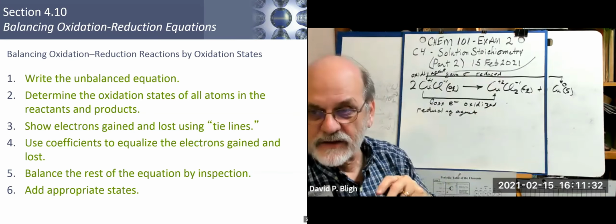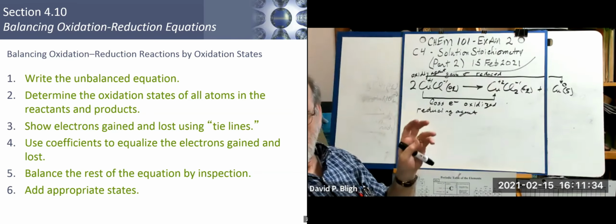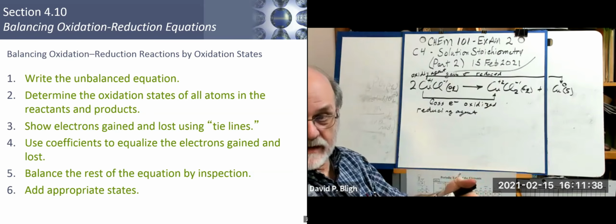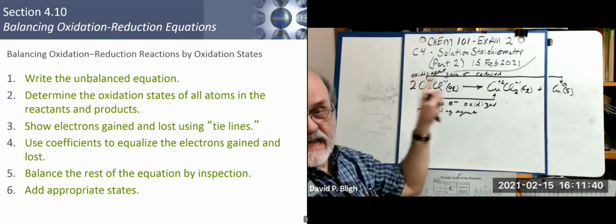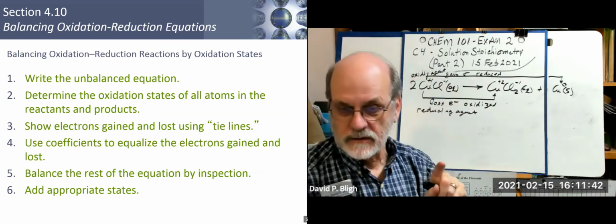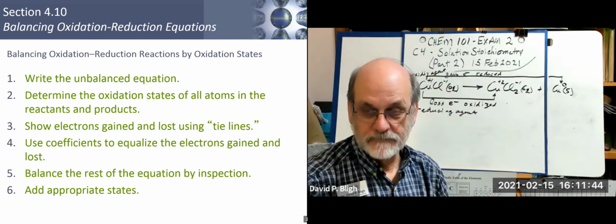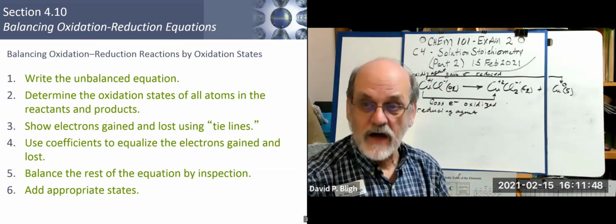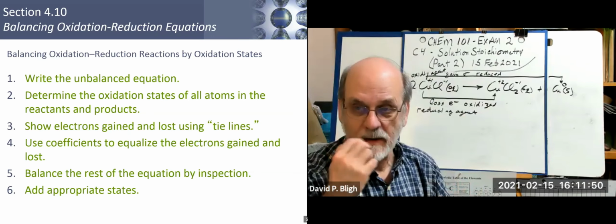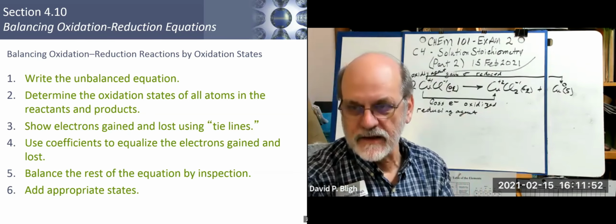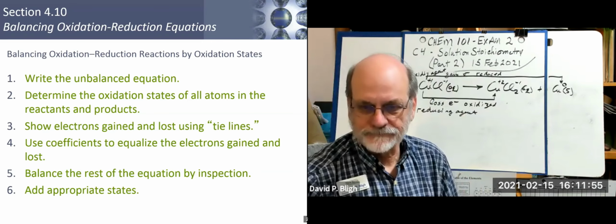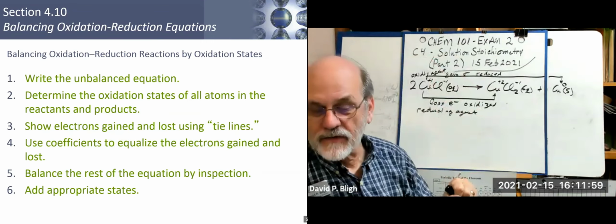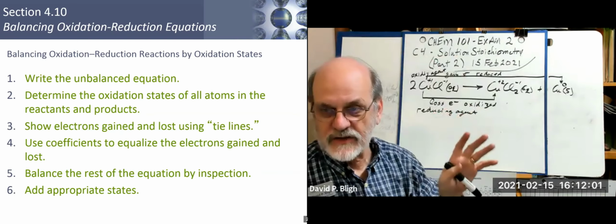Then you balance the oxidized and reduced species so that you have an equal number of electrons transferred. Balance the electrons. Now, once you've got the electrons balanced and the oxidation states established, you finish balancing the equation, because once you've got those established, the rest of it will not change that.